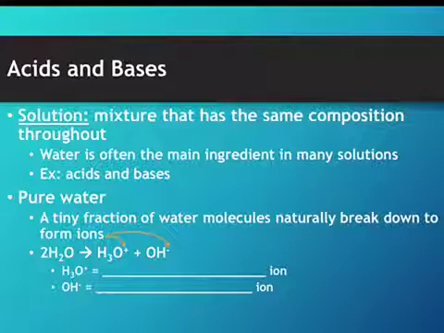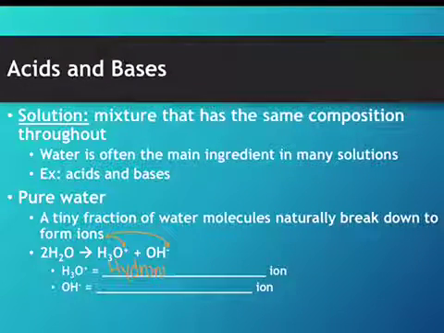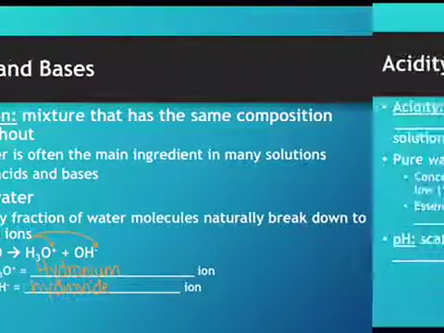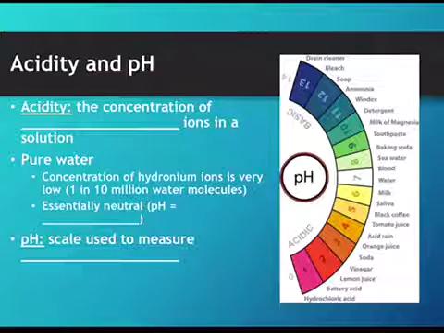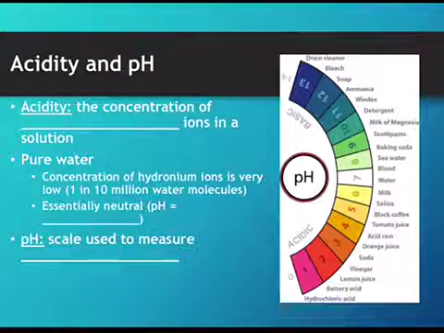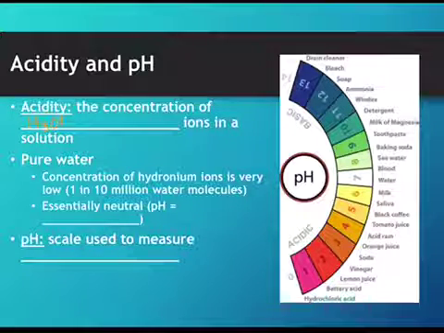And so when water breaks down, it forms this H3O plus ion, which is called a hydronium ion. And it produces a negative hydroxide ion. And so when we're looking at acids and bases, we look at the acidity, or the concentration of that H3O plus, or the hydronium ion.